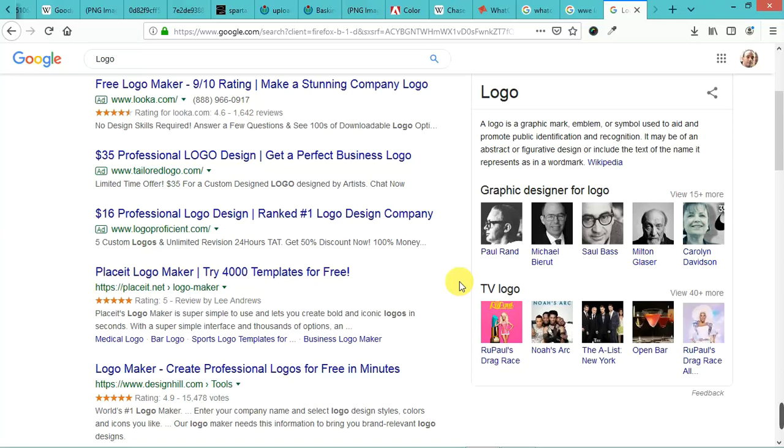A logo is a representation of your brand, and when people see it, they should be able to instantly think of your brand. A logo is a graphic mark, emblem, or symbol used to aid and promote public identification and recognition. These are just some of the ones that I like and that I think are clever. I'd love to hear your favorite logos. Leave that in the comments below.